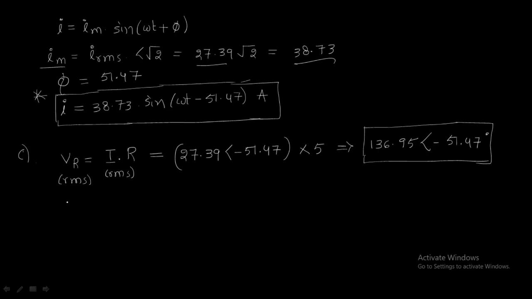And the next question is the voltage drop across the inductor, VL. What is the formula? The formula is generally I into jXL. Or another way is current into jXL. Both are the same.